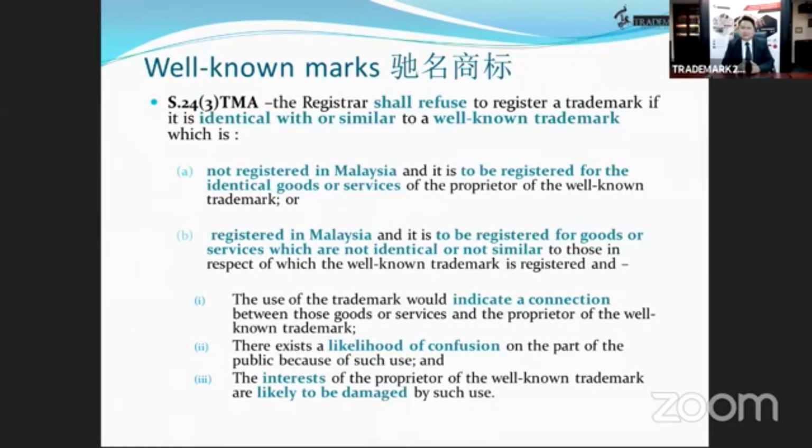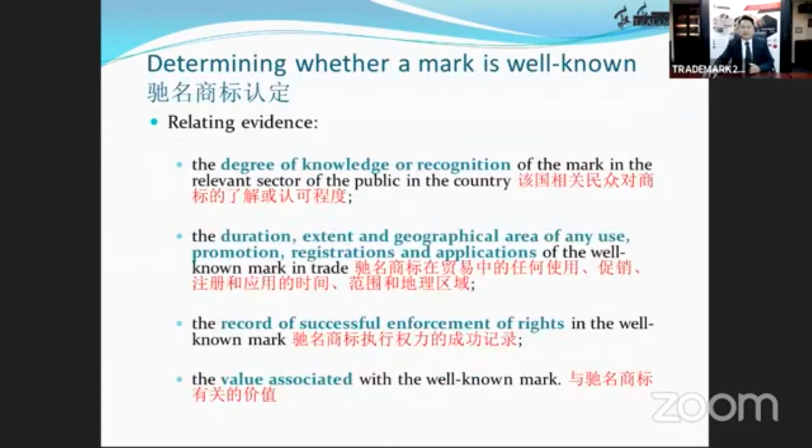It depends. We have to see whether your trademark is well-known in Malaysia. So how do we determine what is well-known in Malaysia?